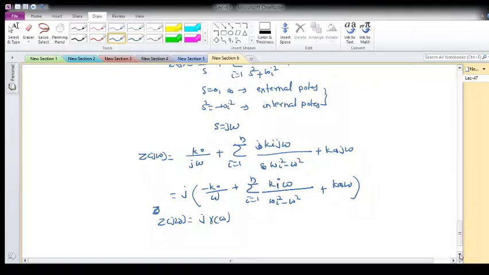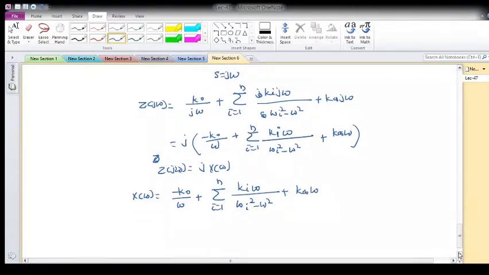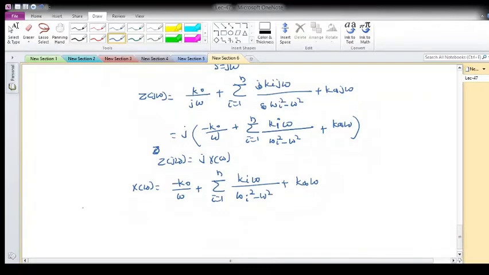Now let us check how the slope of this reactance is. My reactance x of omega is minus k naught upon omega plus the addition from i equal to 1 to n of ki omega upon omega i square minus omega square, plus k infinity omega. If I would like to find the slope, you differentiate with respect to omega. dx of omega by d omega, what you will get here is k0 by omega square.